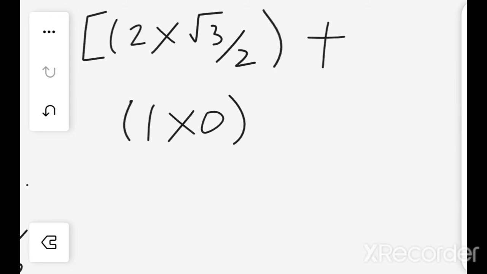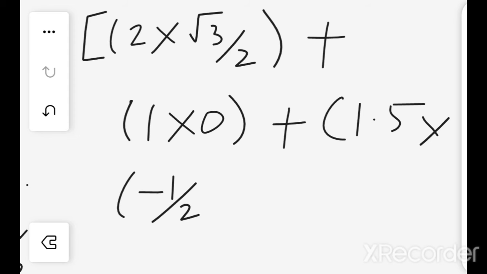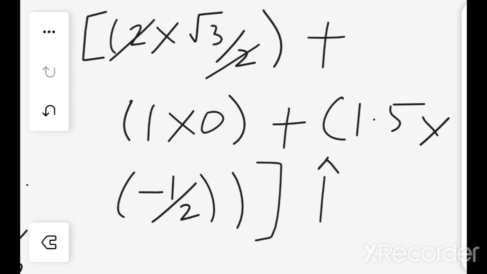This is the second term, plus the magnitude of BC is 1.5. Cos of 120 we just calculated, it is minus 1 upon 2. So this component is in the i direction. Okay, so we can cancel this 2 with this 2 and this second term would be 0.